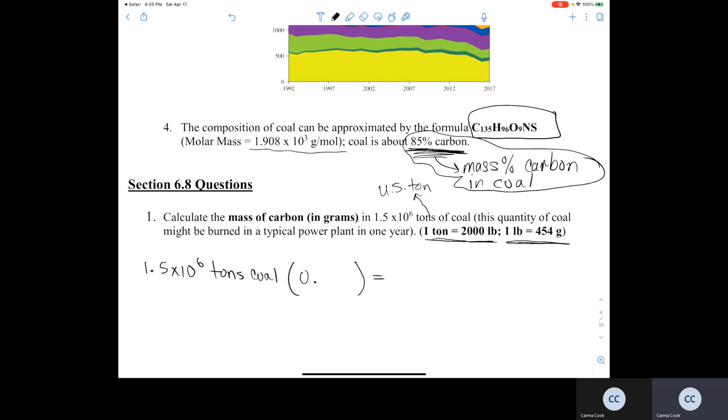This number is about 85%, 84.96% to be exact. So we convert that percent to a decimal and multiply it by the total number of tons of coal, and that gives us 1.27 times 10 to the 6 tons of carbon.